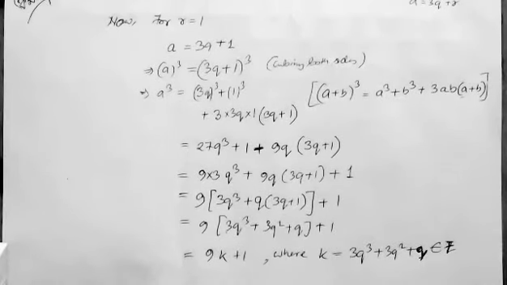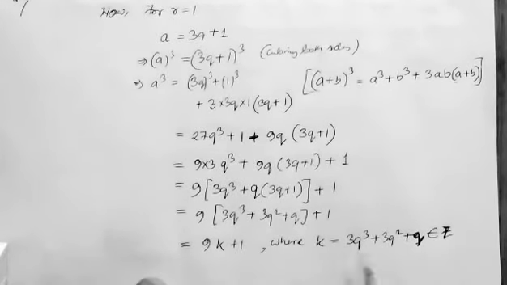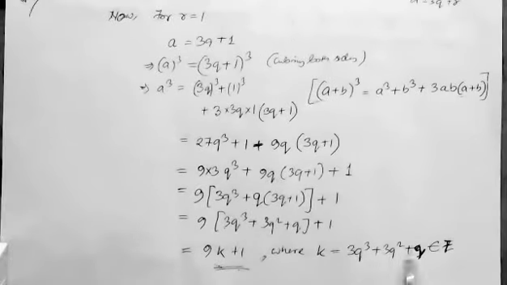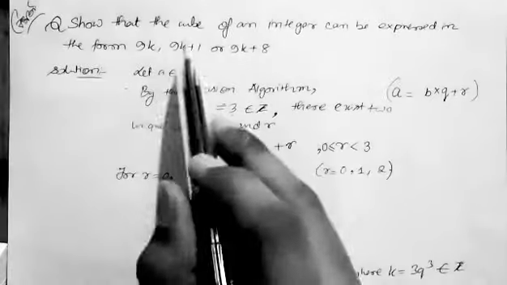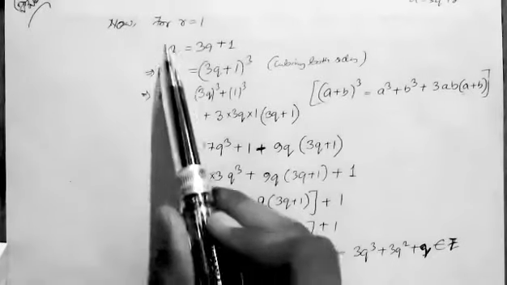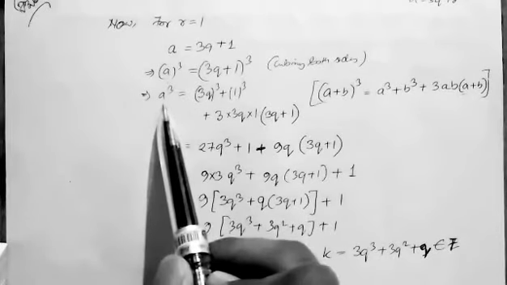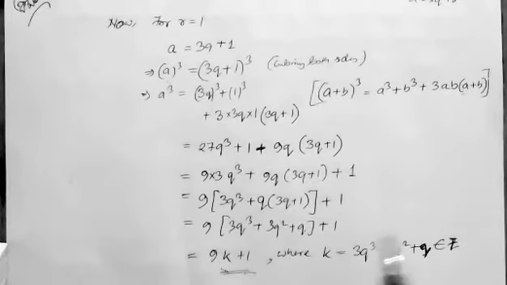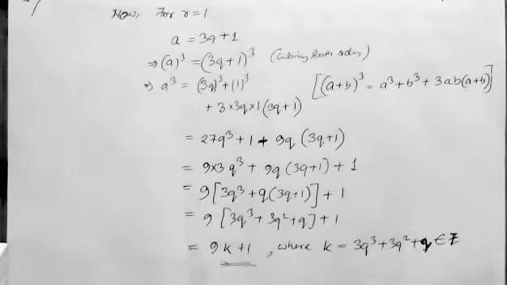So it is 9k plus 1. You have expressed the cube of an integer a in the form of 9k plus 1. So this was what you were required to prove.